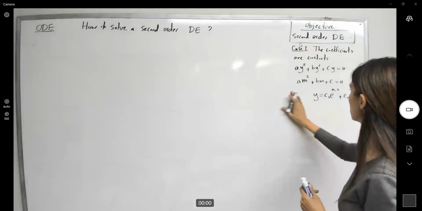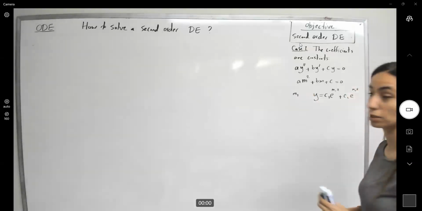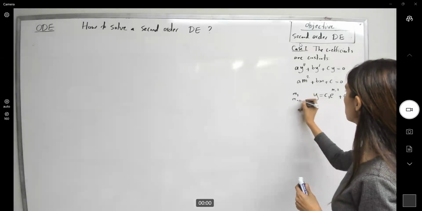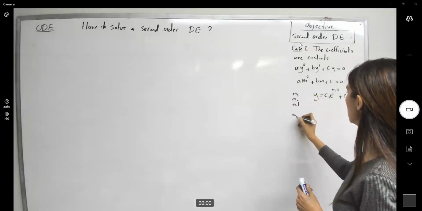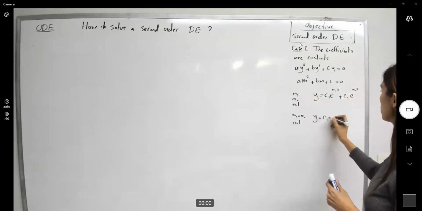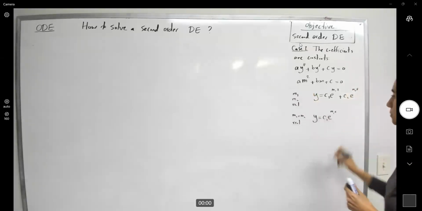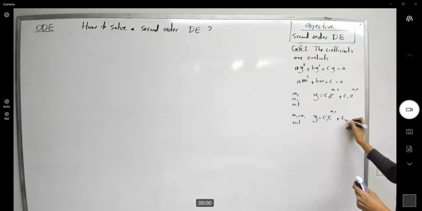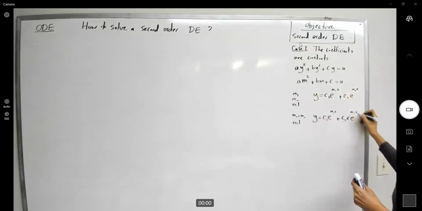And if it's a real repeated solution, so m1 is equal to m2, y becomes c1 e^(m1 x) + c2 x e^(m1 x).